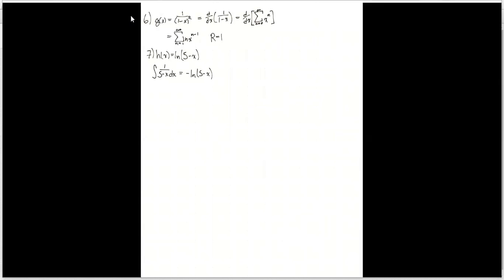So we have something similar to h of x, only differing by this minus sign, which isn't too much of a deal. But now we've got this 1 over 5 minus x, right? And that's not quite the geometric series. We have 1 over 1 minus x.